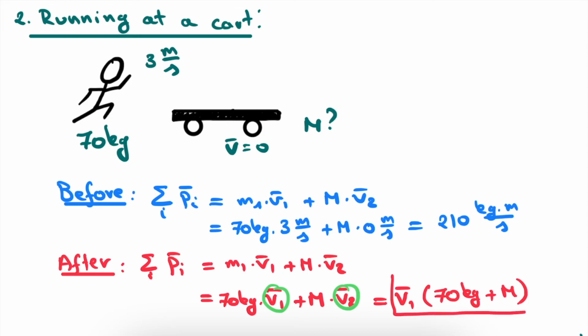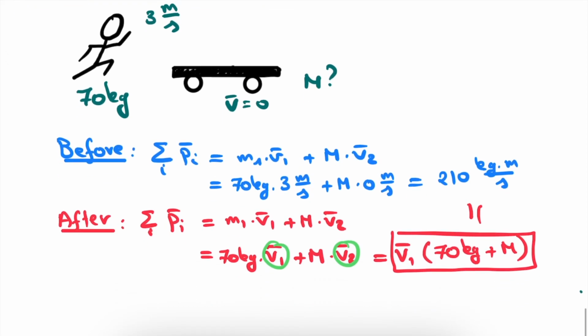And since we know that this term right here has to be equal to 210, the total momentum before we jumped on the cart, we have ourselves a very nice equation.